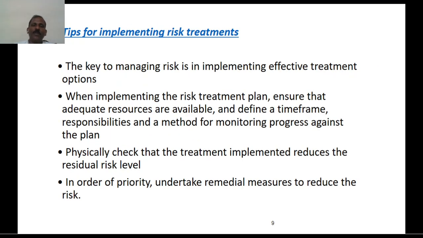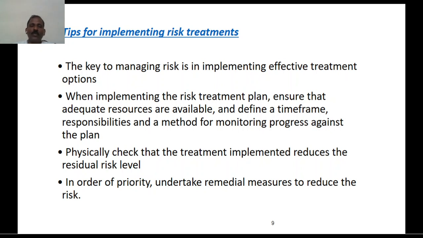So, tips for implementing risk treatments. The key to managing risk is implementing effective treatment options. When implementing the risk treatment plan, ensure that adequate resources are available and define a time frame, including timings, responsibility and method of monitoring progress against the plan.